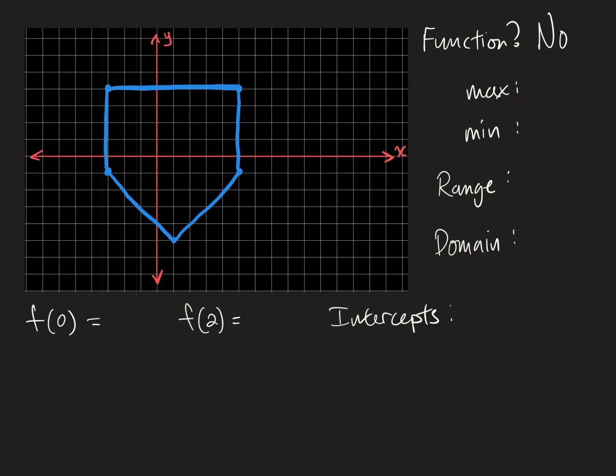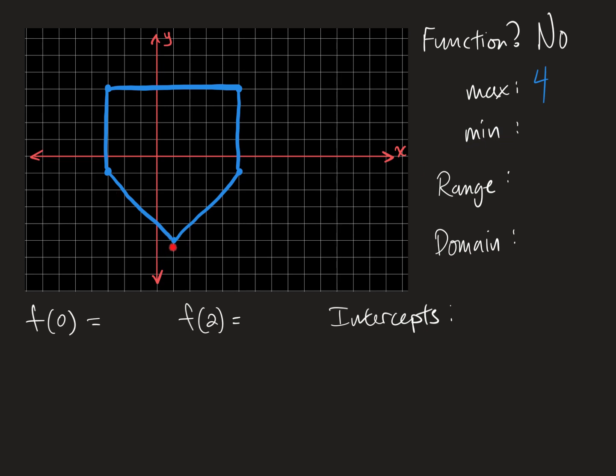The maximum is a y value. So all we have to do is find the highest point on this graph. In fact, it's all of this. We just need to know what the y value of any of these points is. So we can just count up from the origin, 1, 2, 3, 4. The maximum here is 4. And very similarly, the minimum is the lowest point on the graph.